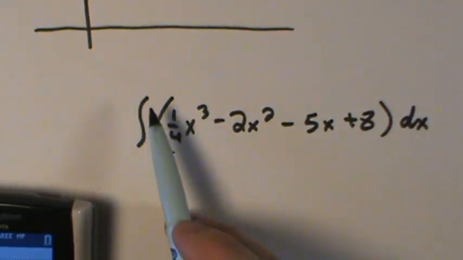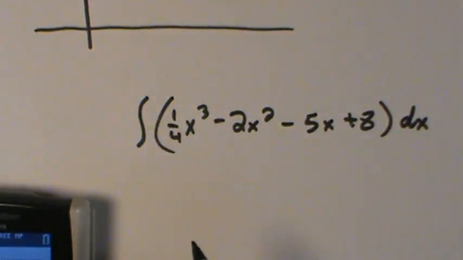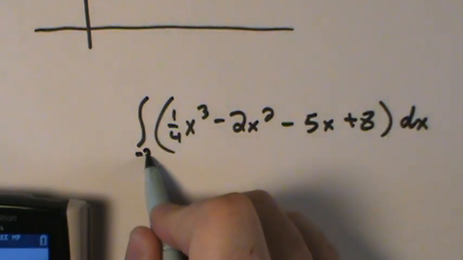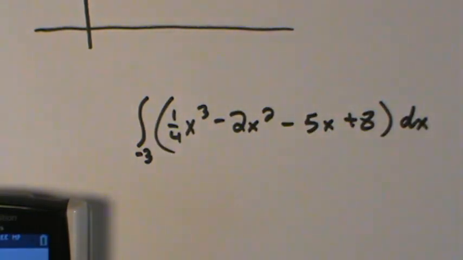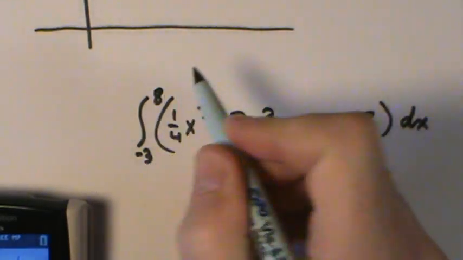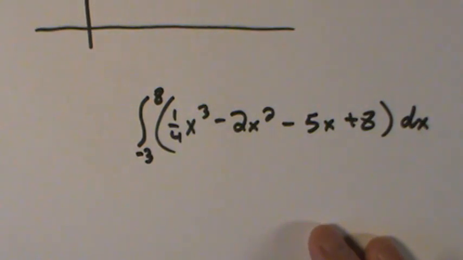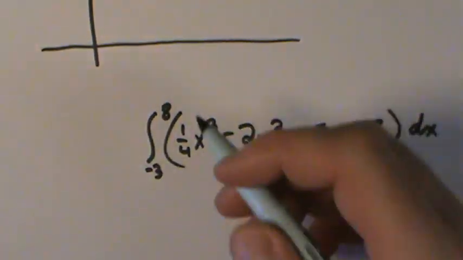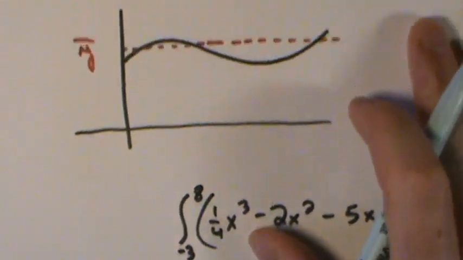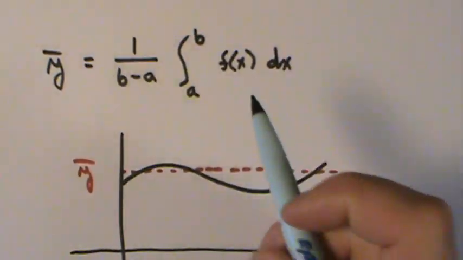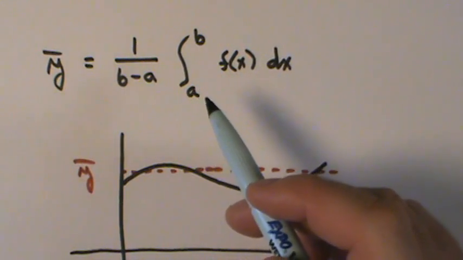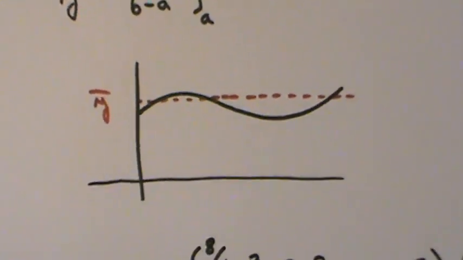Now I need a starting and ending point, and we're just going to arbitrarily make this. Let's go from like -3 to, I don't know, 8. Now if I want to find the average value of this function, the average y value, I would have to apply this formula, which is telling me to go 1 over b minus a, and then integrate from a to b the function with respect to x.